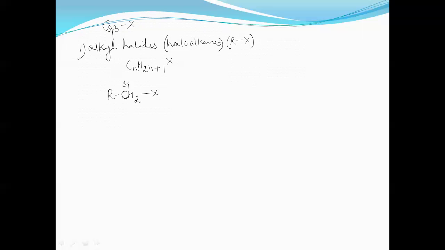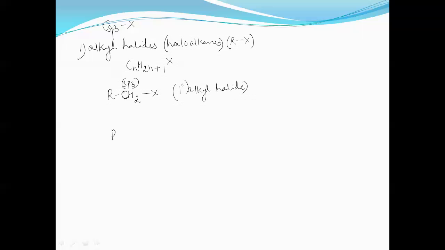So it comes under this class of compounds where this carbon is a primary carbon. This is a primary carbon because it is attached to only one other carbon atom. So this is a primary alkyl halide.